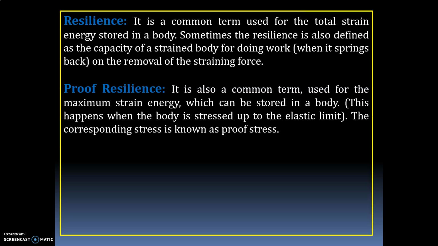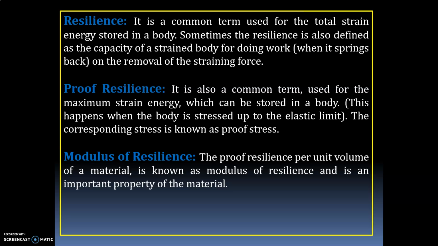Proof resilience is also a common term used for the maximum strain energy which can be stored in a body, and this happens when the body is stressed up to the elastic limit. The corresponding stress is known as proof stress. This is nothing but the maximum strain energy which can be stored in the body. This is about proof resilience.